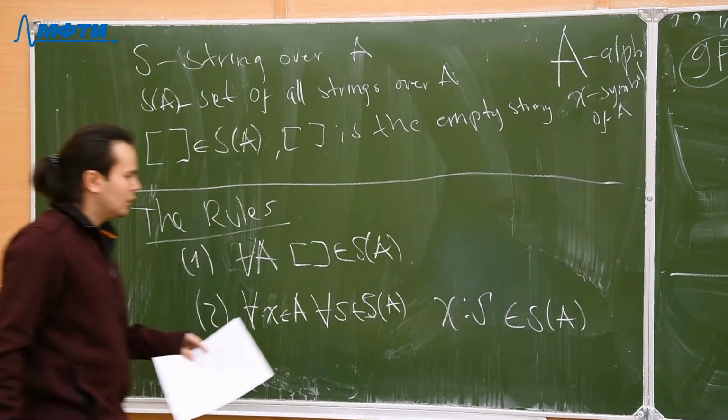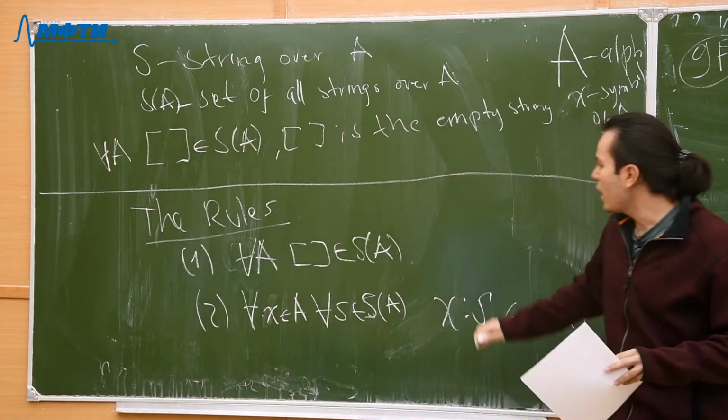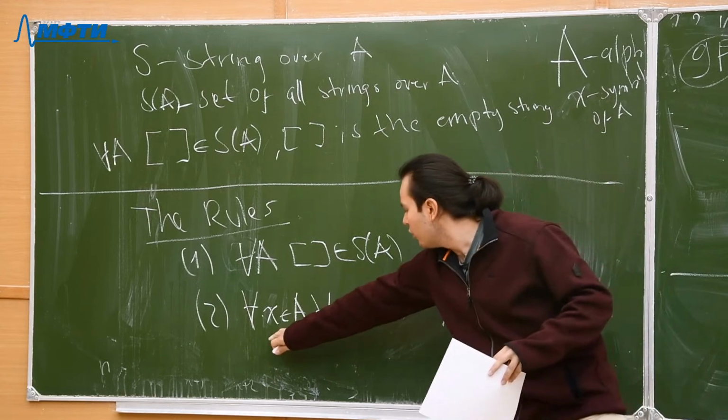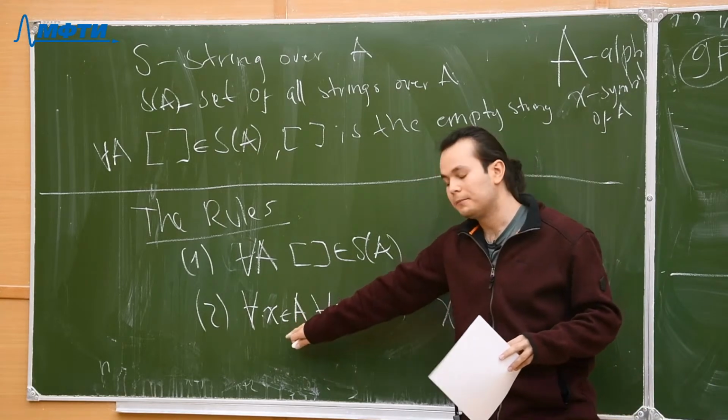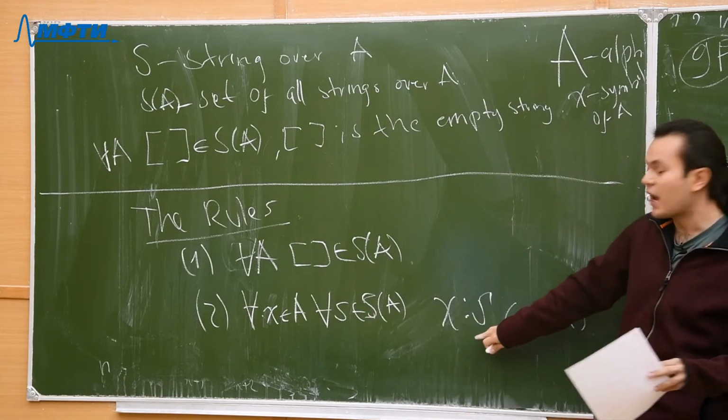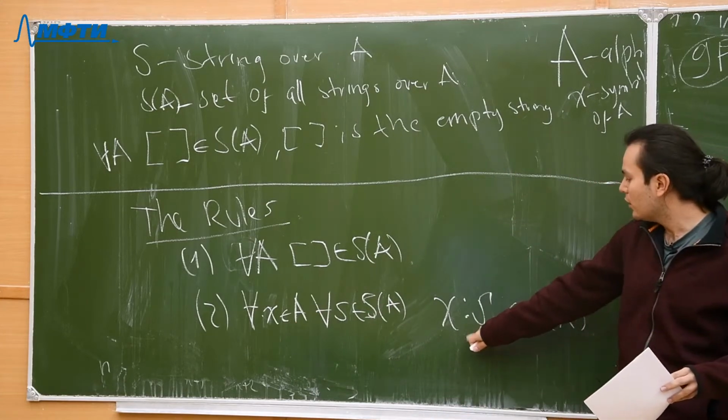So we have the empty string, and if we have some symbol in your alphabet and any string, you can obtain a new string this way.